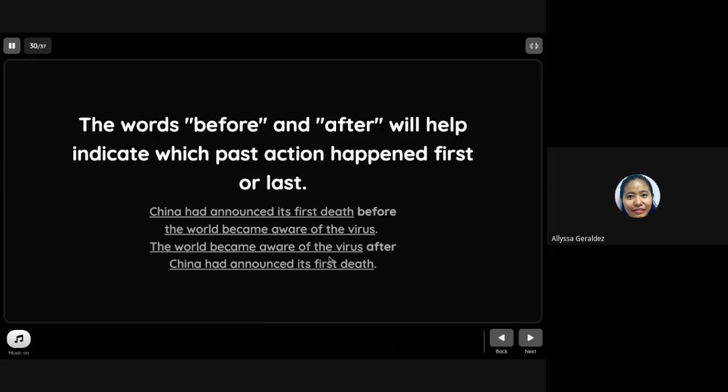China had announced its first death before the world became aware of the virus. If we're using before, the past perfect tense is in the first thought. If we're using after, we can say that the past perfect tense is in the second thought.